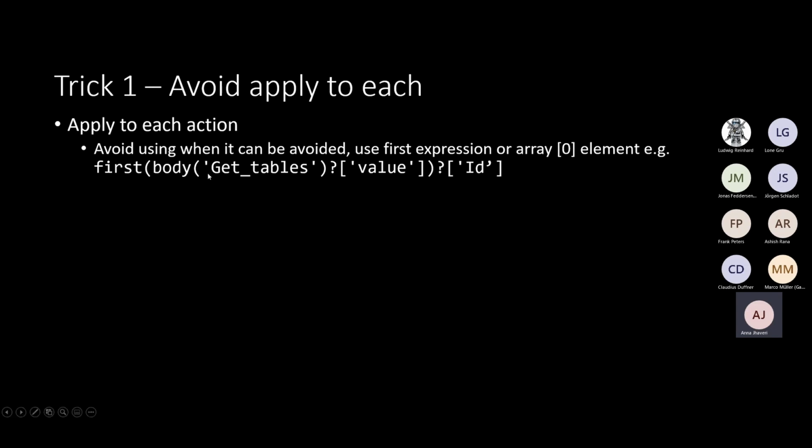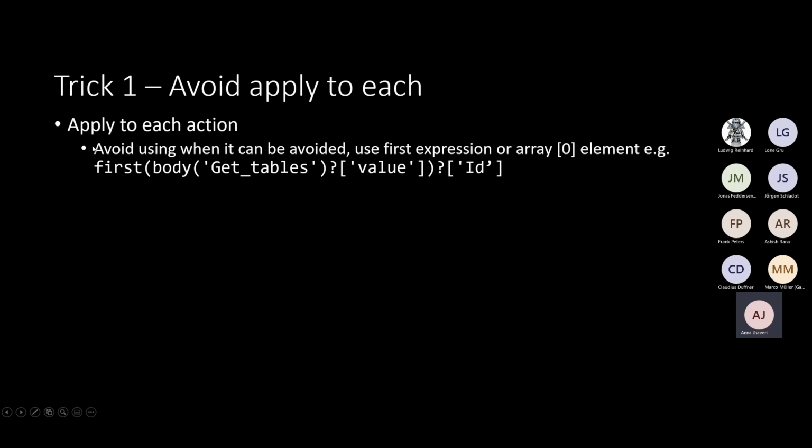If you know your array, your get items section or filter array action is going to return one or two records, you can just use the zero element, or the first or second element, or you can use the expression function first to fetch the values. For example, here I have an action called get tables, which is an Excel action, and I want to get the value of the ID column.